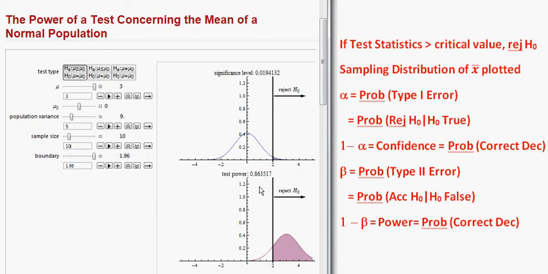So let's go back to the emission example. Let's say that EPA is requiring the car manufacturers to be carbon emission compliant. Let's say that the required law is the mean carbon emission mu is less than or equal to 5 grams. So the null hypothesis is mu less than or equal to 5 grams. Alternative hypothesis mu is greater than 5 grams.